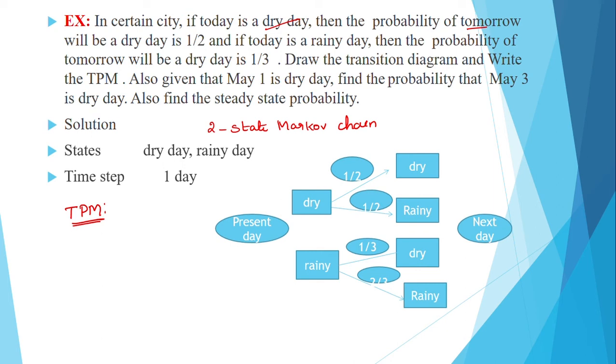So using these probabilities, you are going to form a transition probability matrix now.